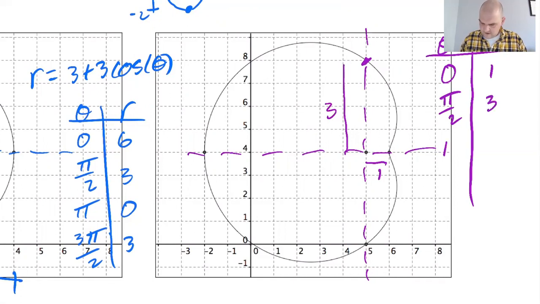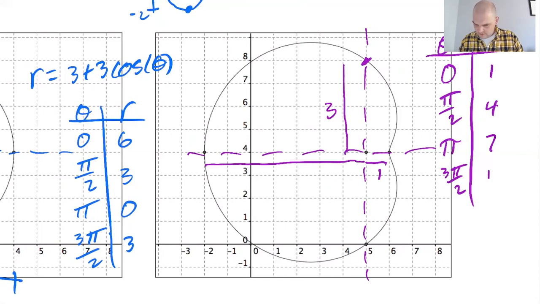And then when theta is pi, I'm going to be this distance, which is 7, I think. And then 3 pi over 2, I should be 3 again. Oh, and I'm 4. 1, 2, 3, 4. Yeah, I just counted that wrong last time. Let me erase that and go with 4. And then, yeah, I'm 4 away.